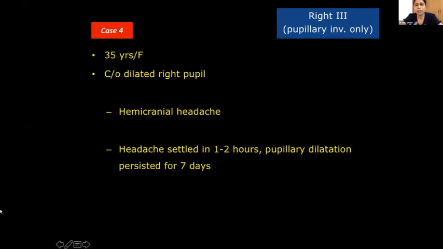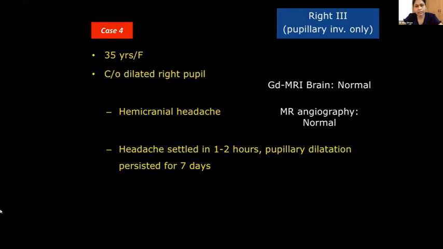So sometimes you can get only pupillary involvement in patients with third cranial nerve involvement, and MRI as well as CT angiography or MR angiography has to be done in these cases. In our patient, contrast enhanced MRI brain was normal as well as the angio.